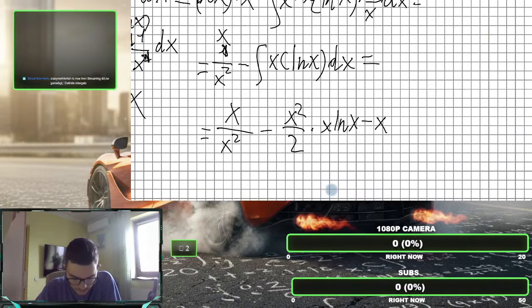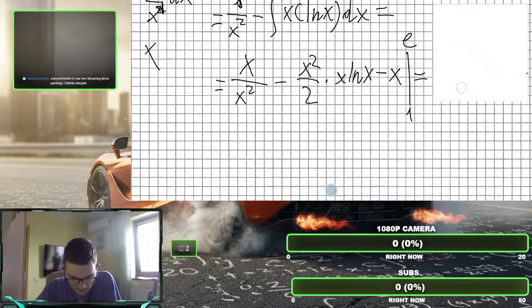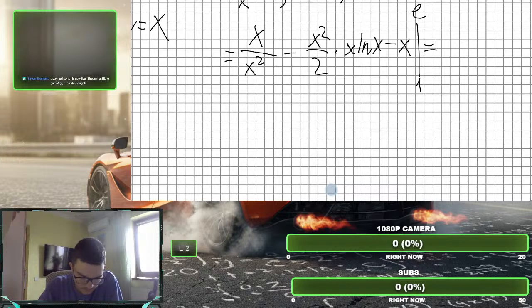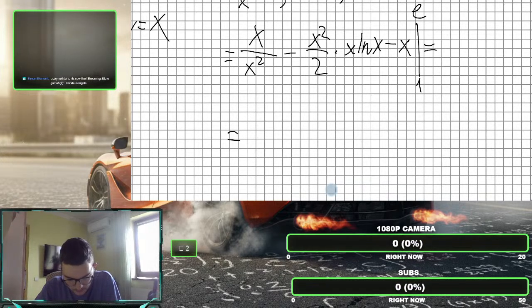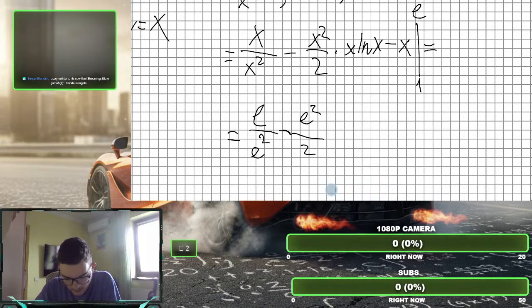This is what I have, and now I just put the limits from 1 till e and evaluate from here. And I'll start with the upper one, e divided by 2 here, minus e divided by 2, actually e at the power of 2, times e ln e.